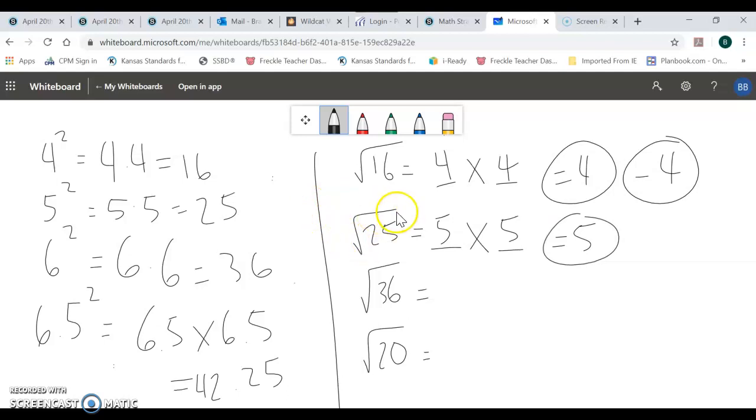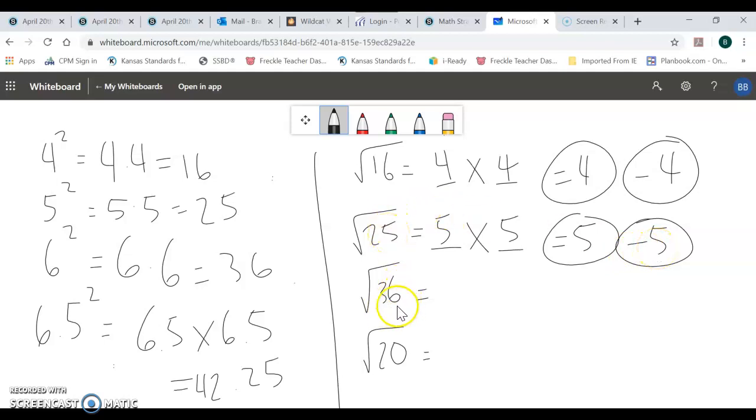So the square root of 25 is 5, because 5 times 5 makes 25. And like I said before, you can also say the negative version is an answer as well. Typically, people write the positive version as their answer, but both are true, because if I do 5 times 5, I get 25. If I do negative 5 times negative 5, I get 25.